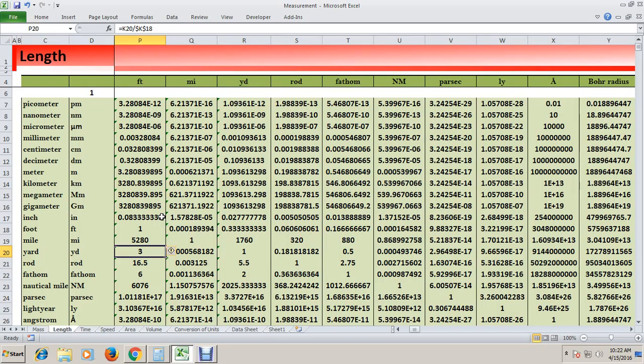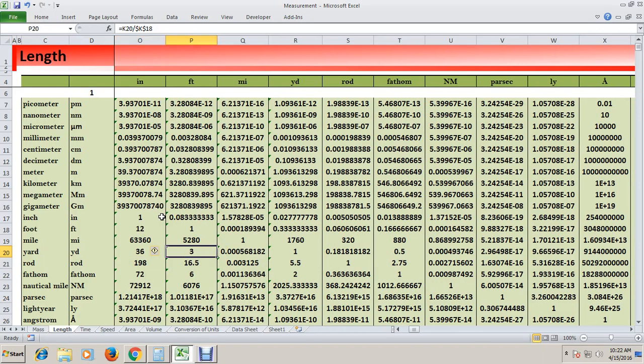Obviously, if we're going to convert 3 feet into the number of inches, you just multiply by 12, so you will have 36 inches for every 1 yard. Since there are 12 inches for every foot, and since in 1 yard you have 3 feet, you just multiply 3 with 12, and you will have 36 inches for every 1 yard.